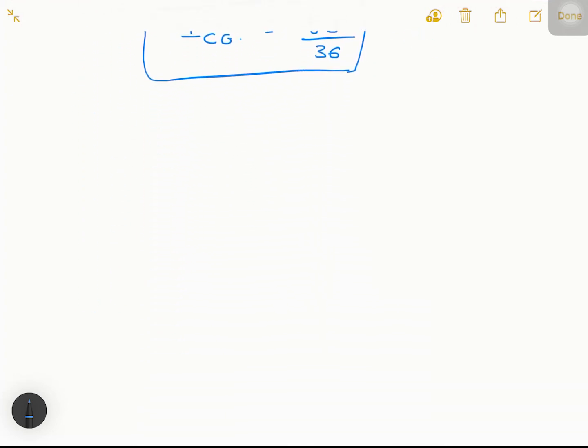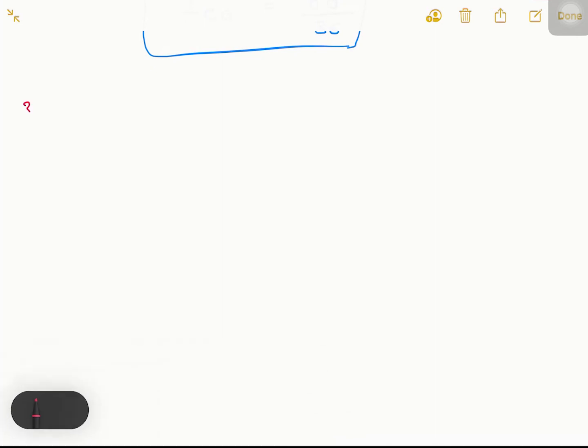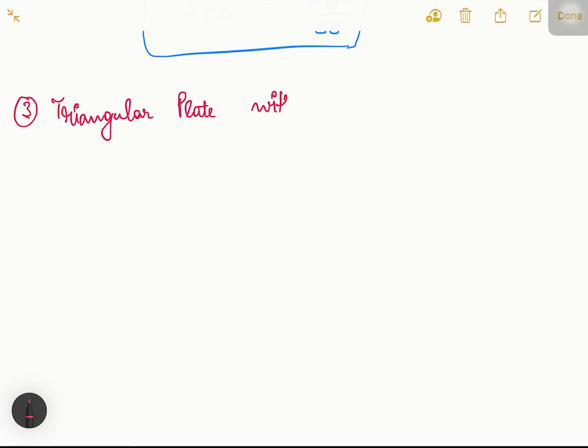Next, for another case, let us write it as the third case. In this, we again have a triangular section. In this case, the base is away from the free surface.